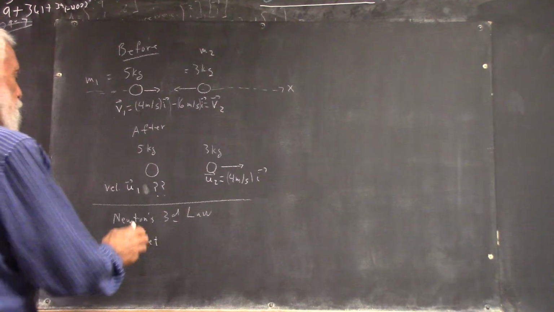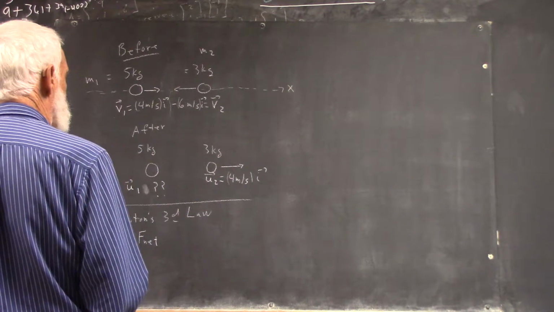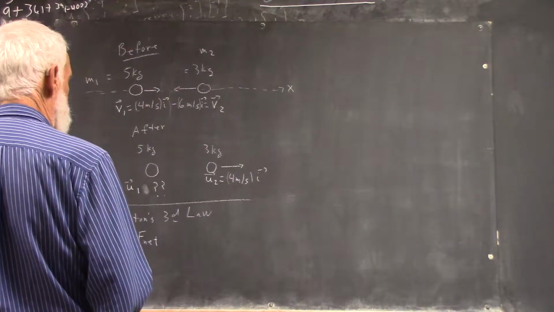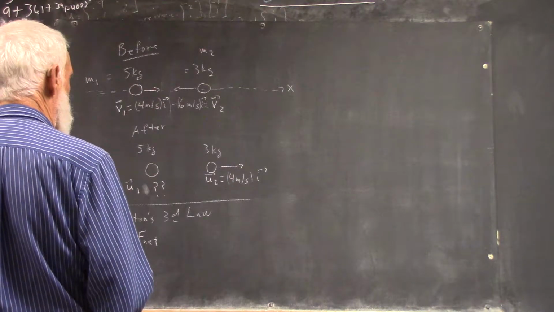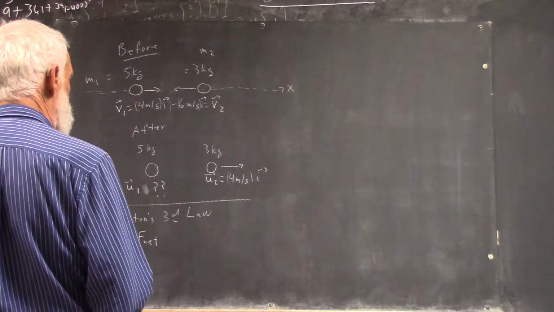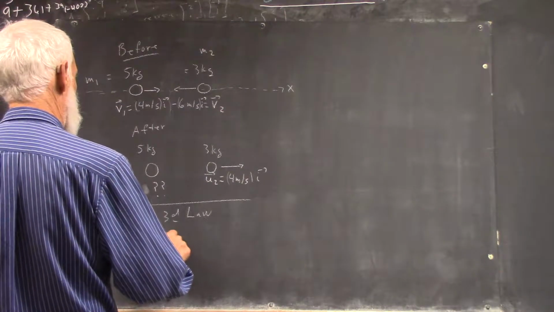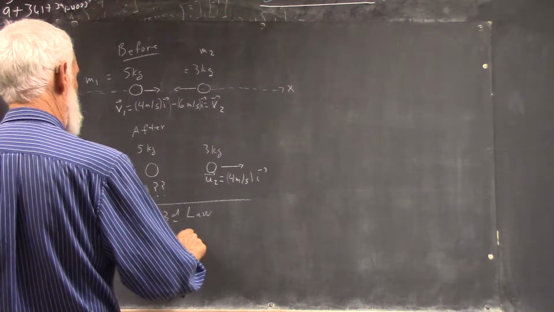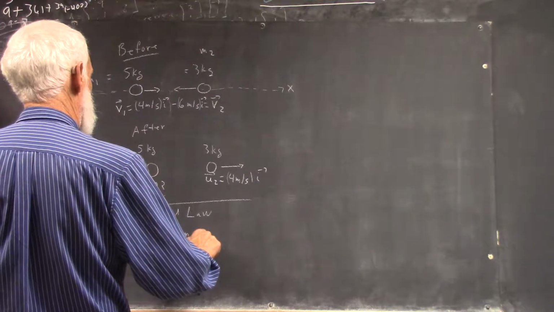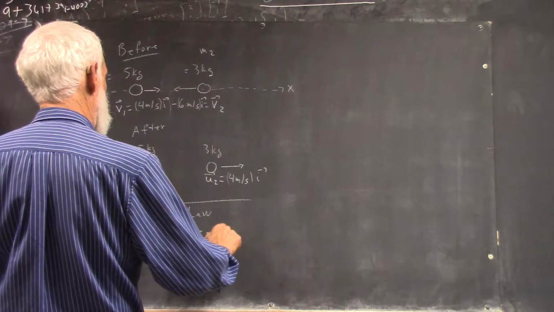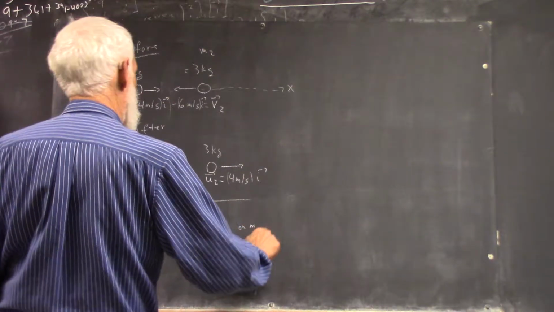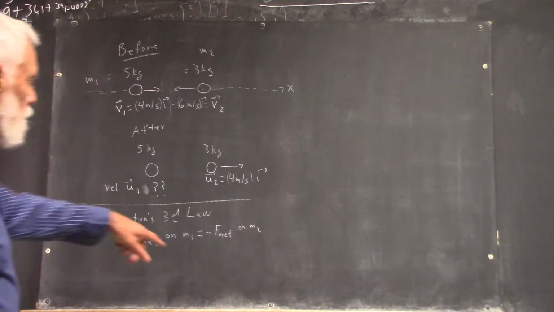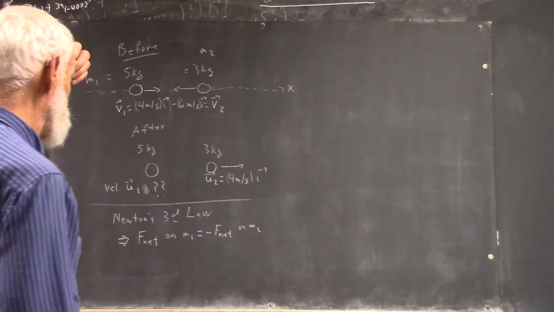Okay. Now, by Newton's third law, F net on M1 equals negative F net on M2.